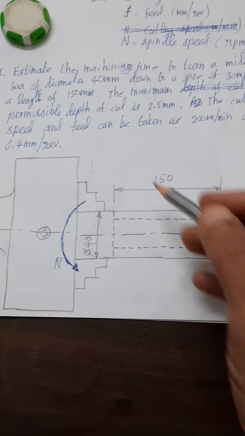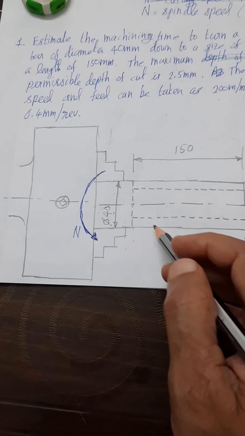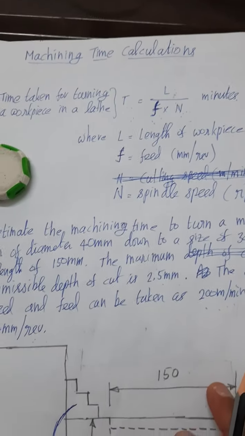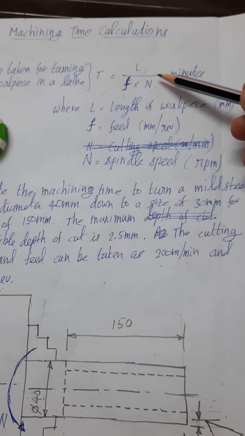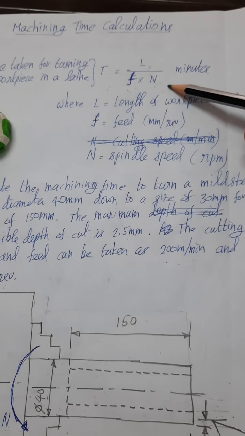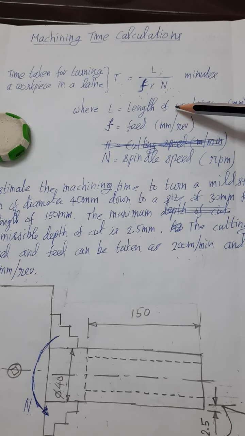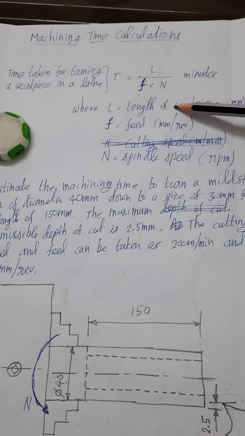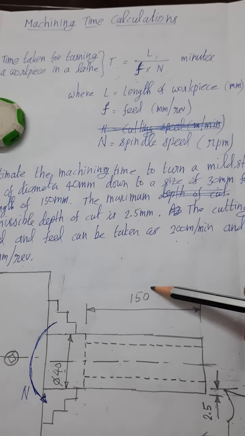Now, let us come to this problem. The formula for finding the time taken for turning is given by T is equal to L by F into N. L is the length of travel of the tool. Okay. So, here for our problem it is 150 mm.